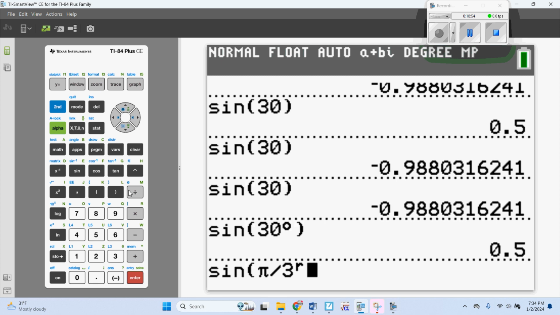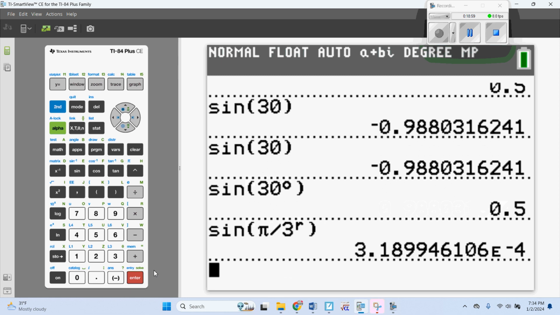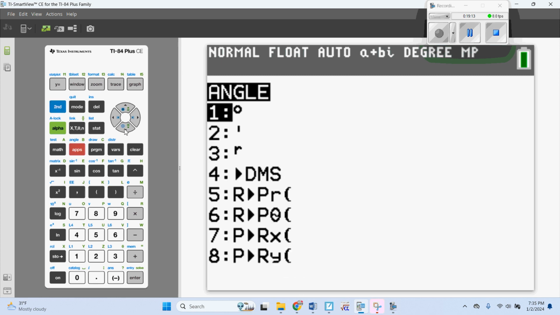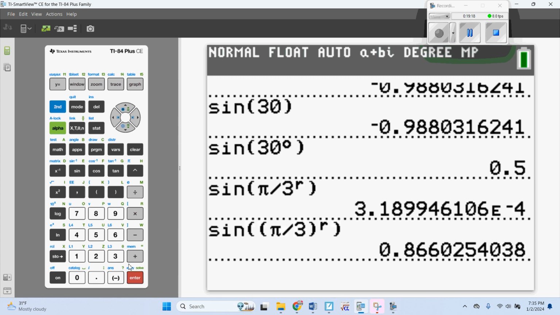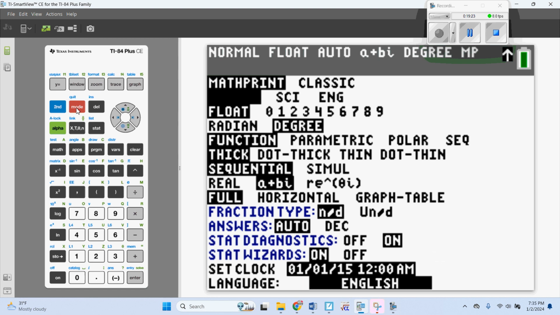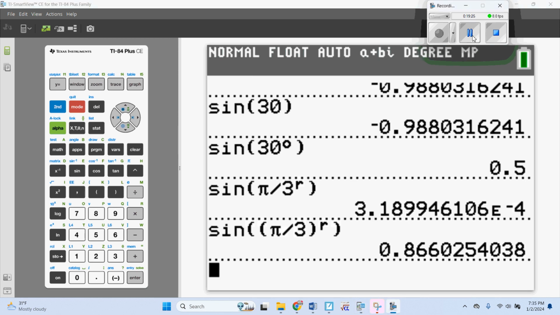Now, here though, you have to be very careful because right now that's going to give me a wrong answer. The reason is the calculator is only converting the 3, not the pi. So if you want to do this, you have to do the radians in parentheses and then do the R. It still doesn't work. Oh, I did 60 degrees. I'm sorry. That's right.